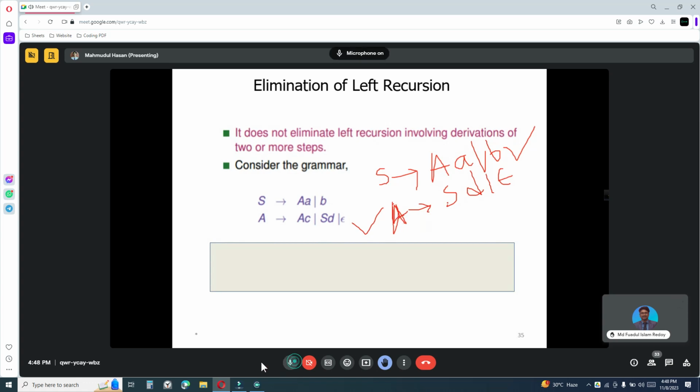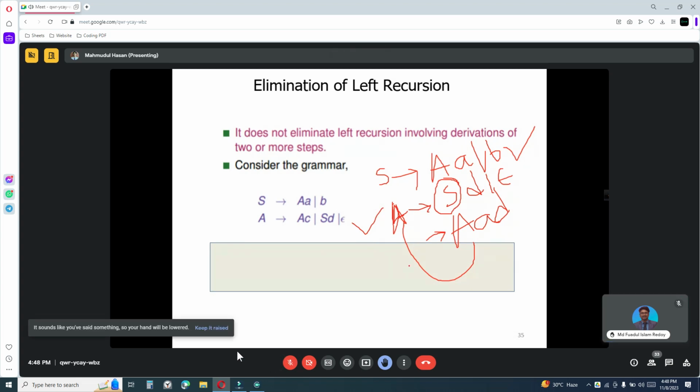How? Because here S is the non-terminal, and you can replace S with A, D. Now this is left recursive. So sometimes just by seeing, you can take a decision that this is left recursive.